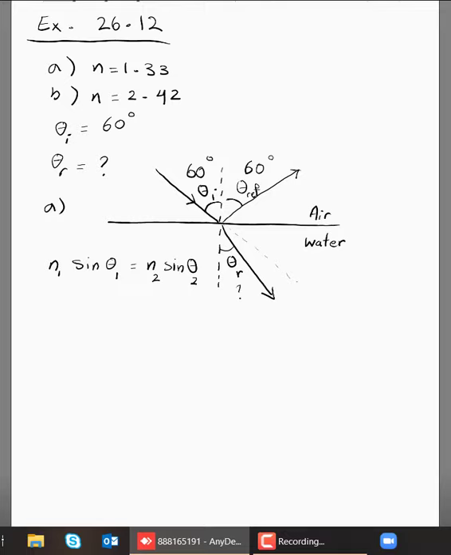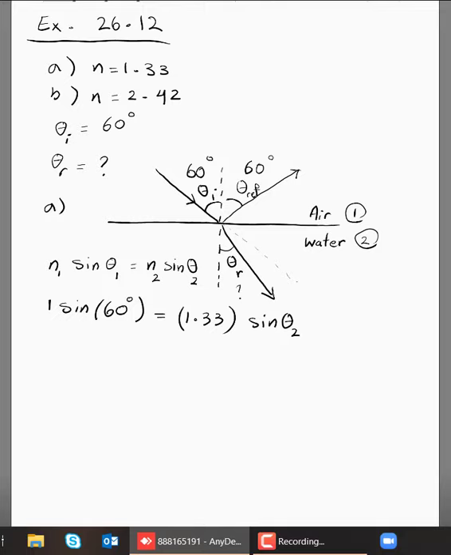So we should use Snell's law: n1 sine theta 1 equals n2 sine theta 2. Let's say that air is my medium 1 and water is my medium 2. So n1 is the index of refraction for air, so it is 1, sine 60 degrees equals n2, the index of refraction for water, which is 1.33, sine theta 2.